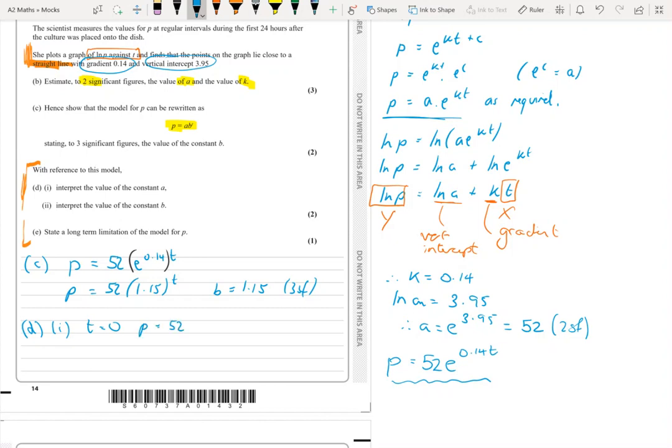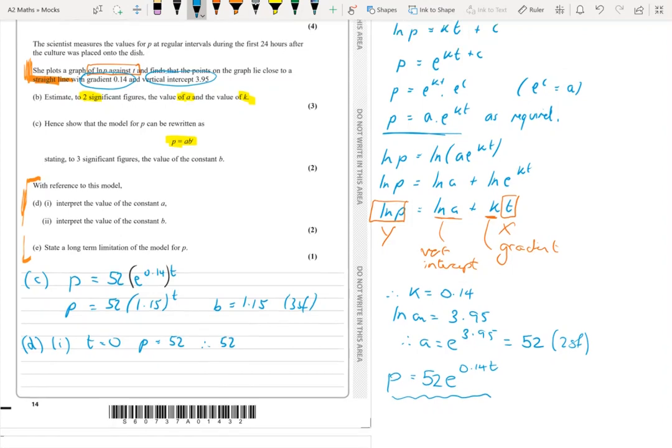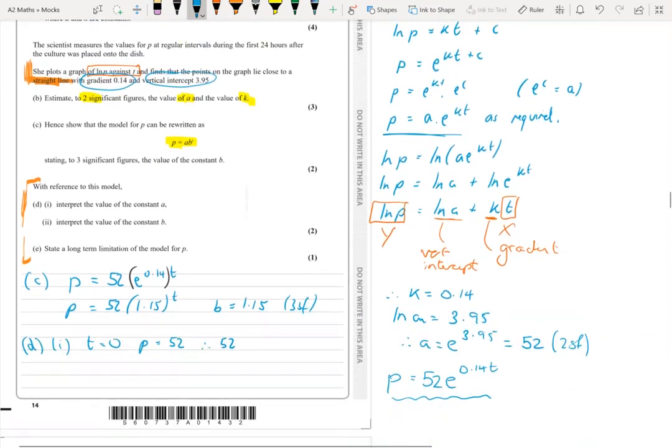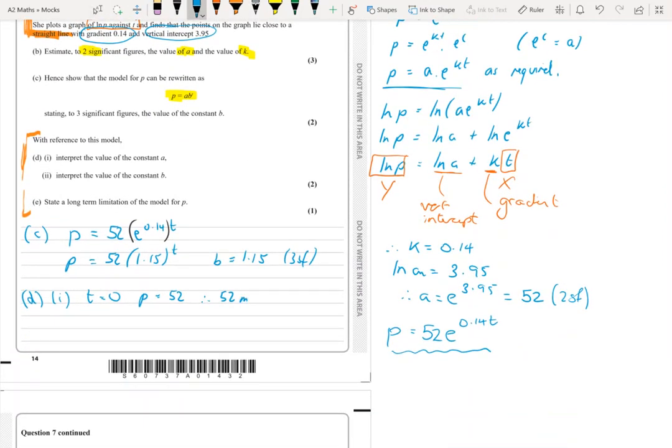So this is representing the initial value of p, which is area. So therefore 52, let's check the units. P was millimeters squared. 52 millimeters squared is the initial area of bacteria. It's how much was in the dish at the beginning.